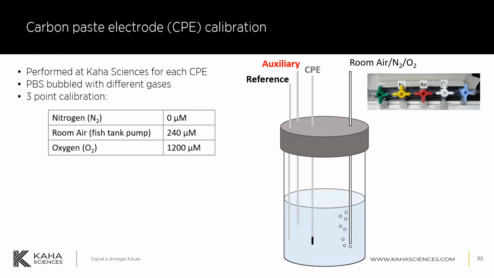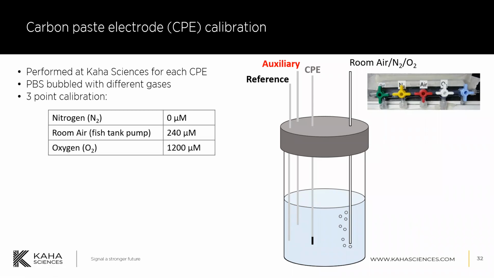And so we've set up what's called a cell, which is essentially a small container with a tube for bubbling the gases into the PBS, the carbon paste electrode, auxiliary electrode, and the reference electrode. Now, we do this before the electrodes are attached to the telemeters, because obviously we're making replacement electrodes as well.